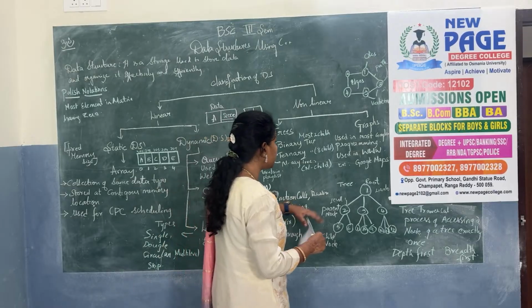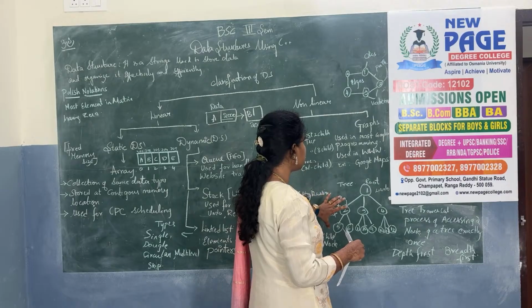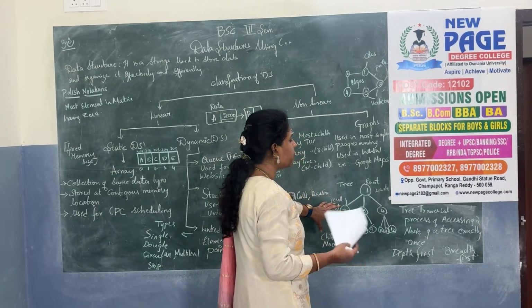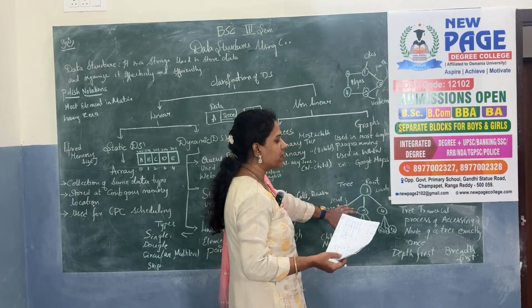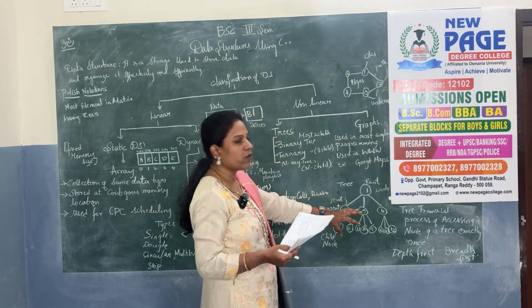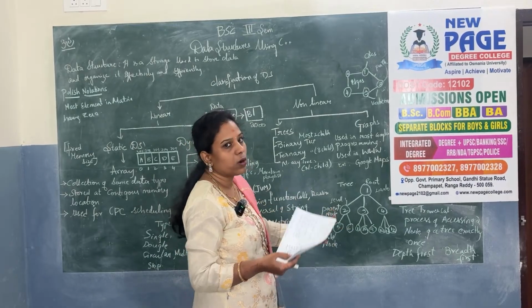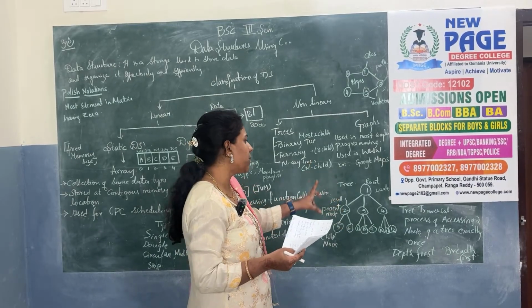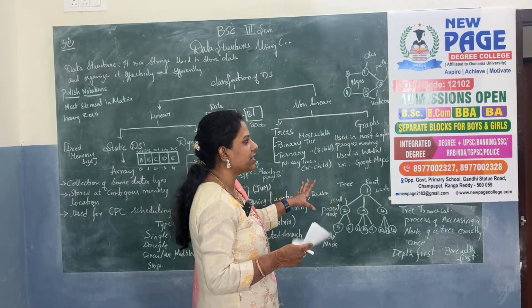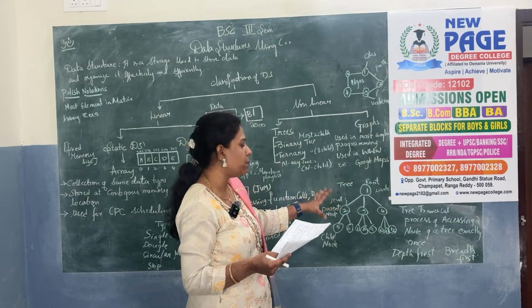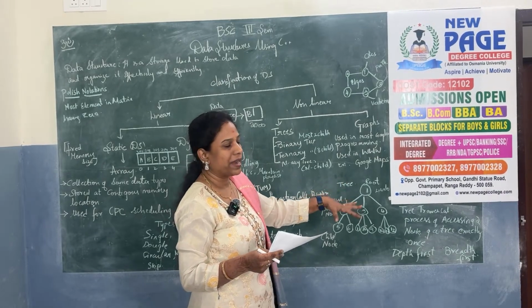A tree performs its operations according to the type of tree we have used. What is tree traversal? Tree traversal is the process of accessing each node at least once. It is divided into two types: depth first and breadth first.